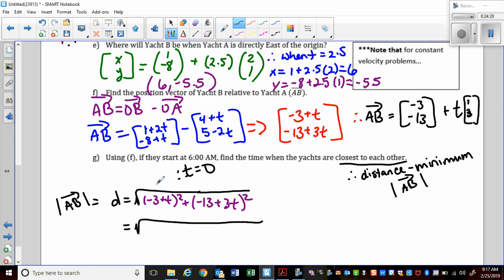Unfortunately, we have to FOIL this. So I know that this is going to be T squared. Negative 3T minus 3T is negative 6T. Negative 3 times negative 3 is positive 9. Write them next to each other and FOIL it if that helps you. Plus 13 times 13 is 169.